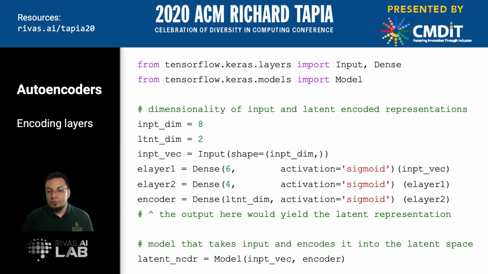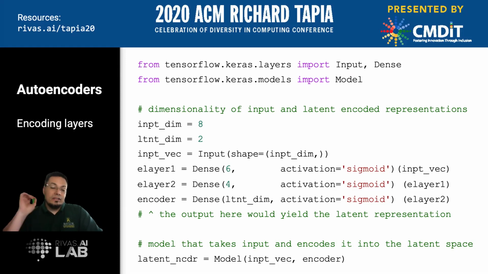the functional approach. Well, we continue adding more layers, another dense layer with 4 neurons, same activation function, but this one is taking as input the previous layer that I call E layer 1, the encoder layer 1. And then I defined a last dense layer that has neurons defined in latent dimension, 2.